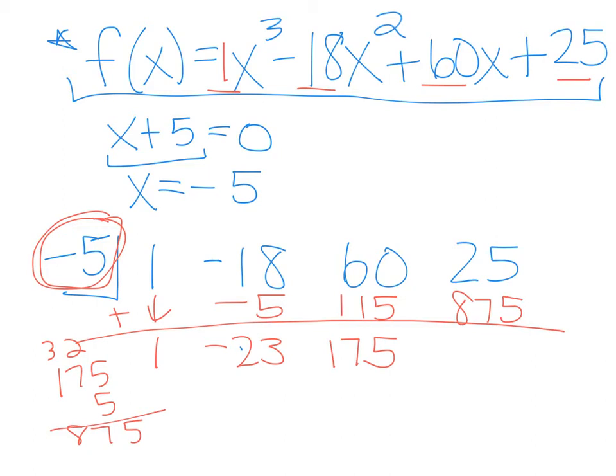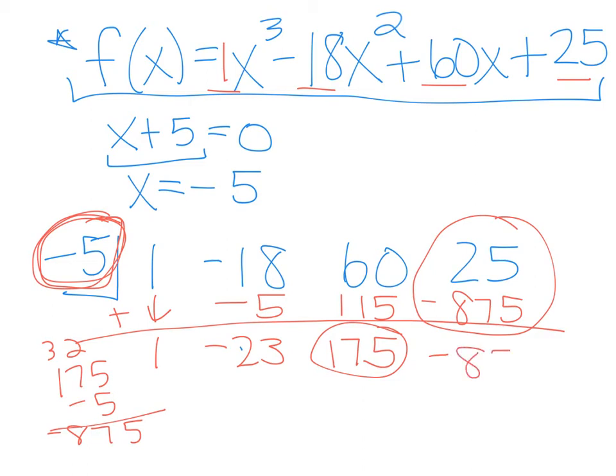And that's going to be negative 875 because the 175 was positive and the 5 was negative, so my product is going to be negative. And if I have negative 875 plus 25, that gives me a remainder of negative 850.